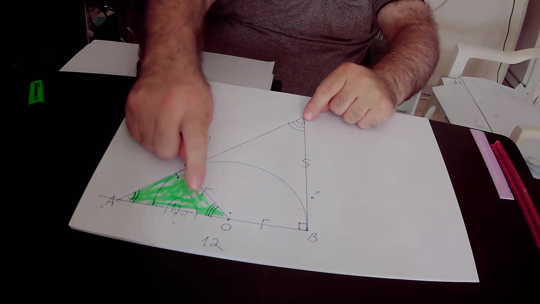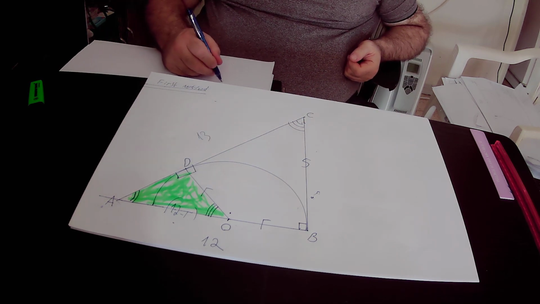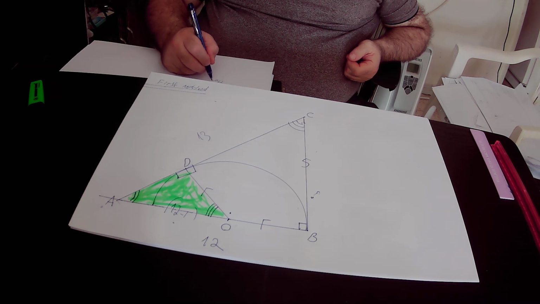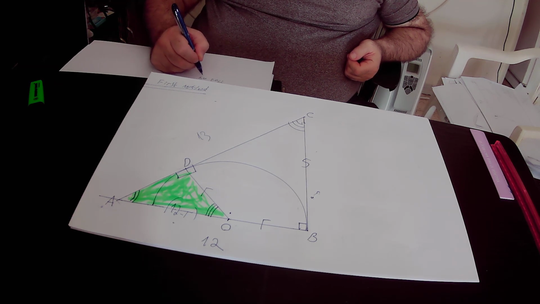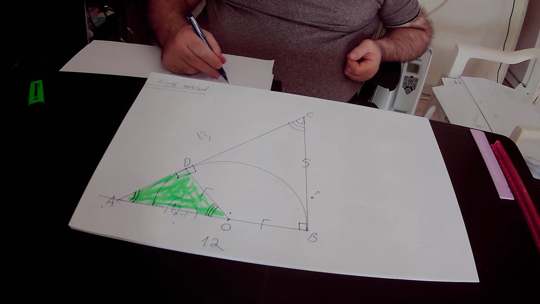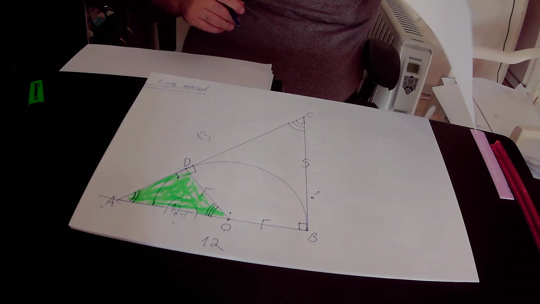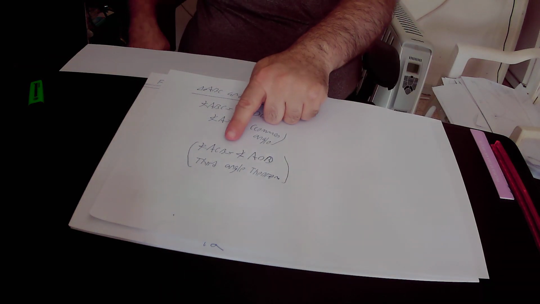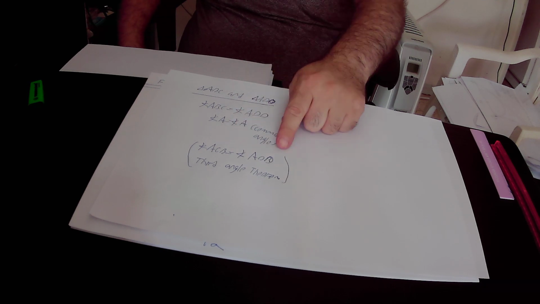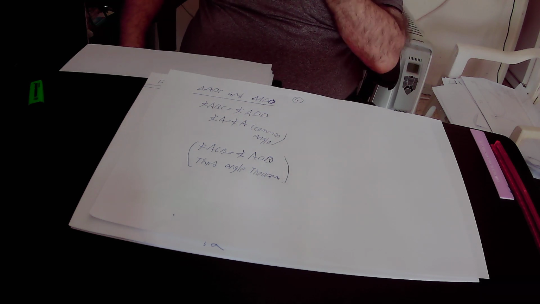And those two angles are equal to each other according to the third angle theorem. Okay, angle ACB in triangle ABC is equal to angle AOD in the green triangle according to the third angle theorem.